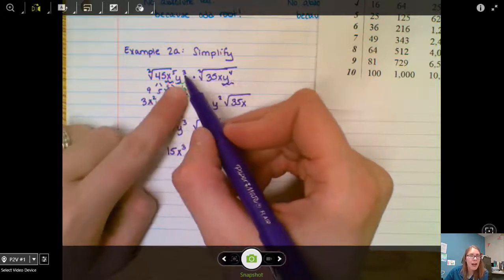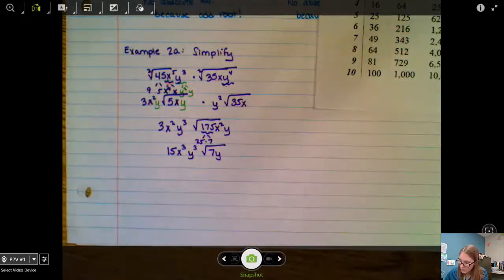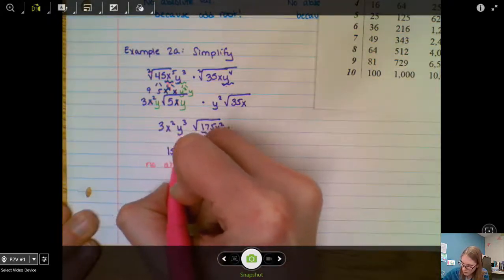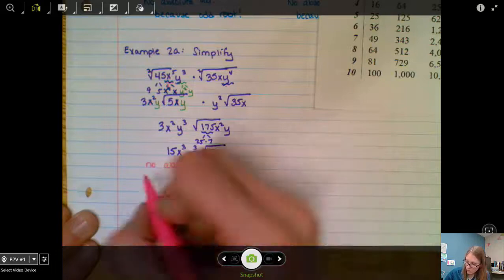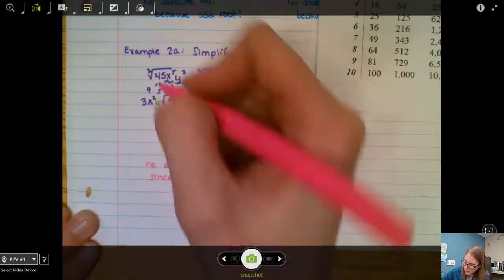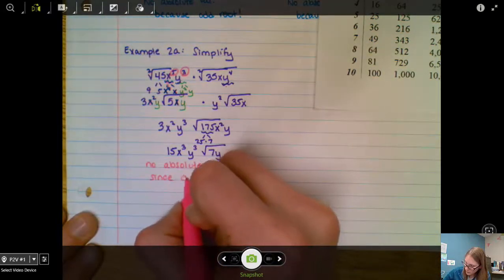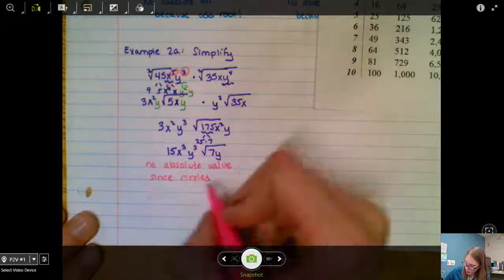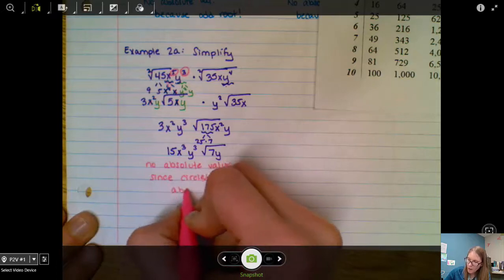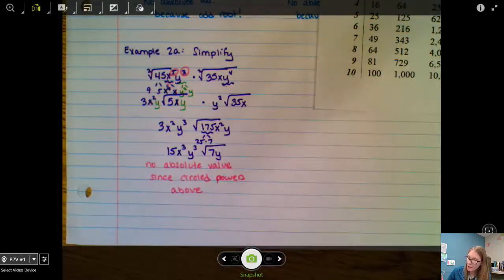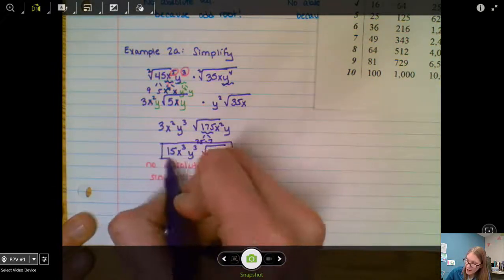But because I have an odd power in y over in my other radical, no absolute value. So I'm just saying here, no absolute value since circled powers above. So my final answer is 15x cubed y cubed times the square root of 7y.